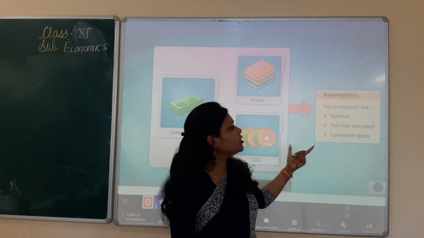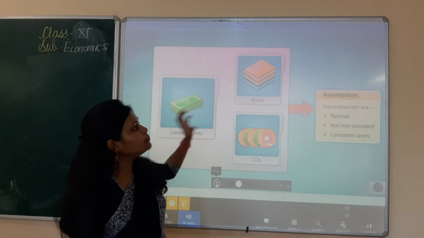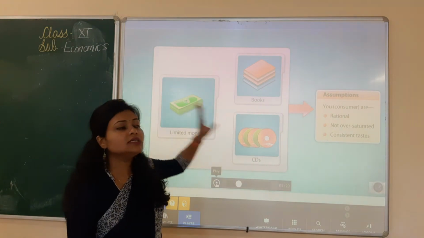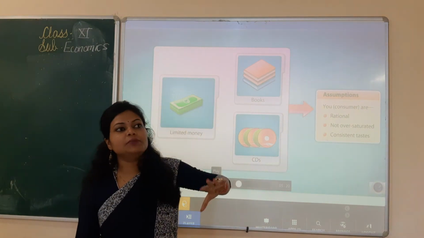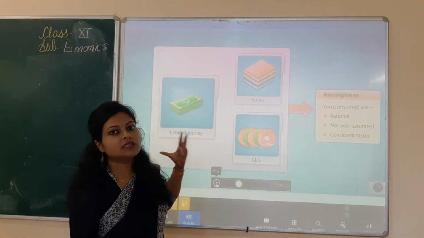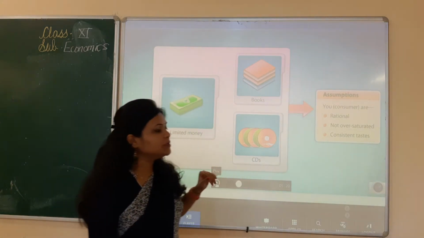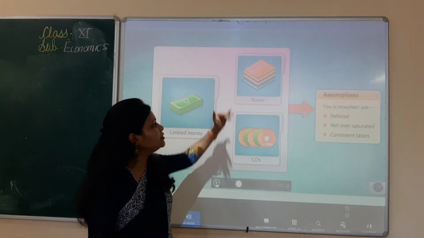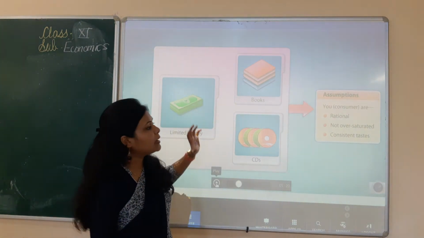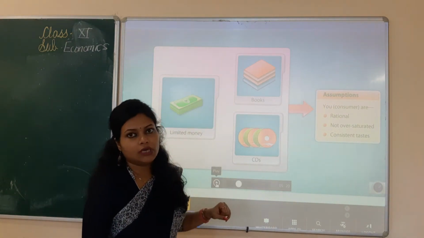They are not oversaturated with any particular product, like thinking I have to purchase more books and ignore CDs; rather I have rational behavior in which I choose a combination that gives the maximum satisfaction. And there is consistency in taste, which means my choice is between these two only. I am not thinking about any third good, but my choice is consistent between these two only.